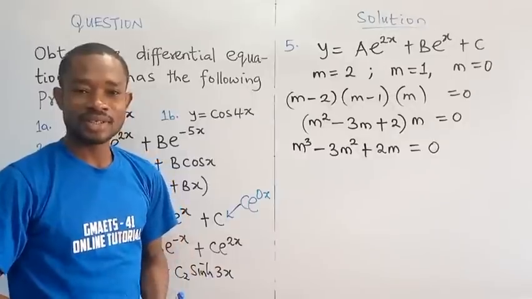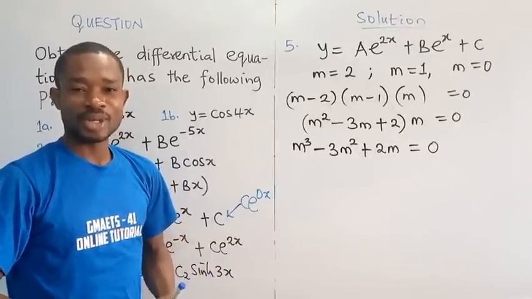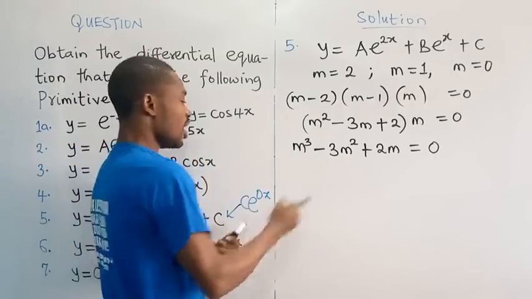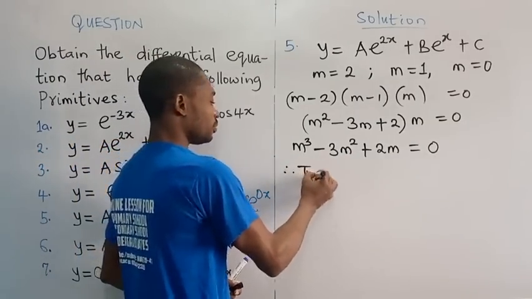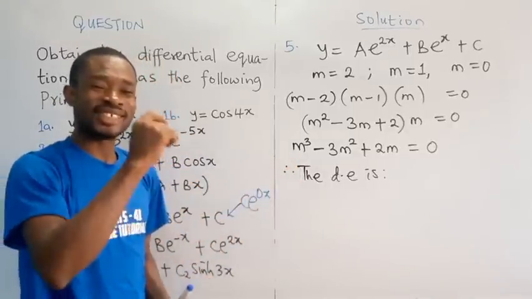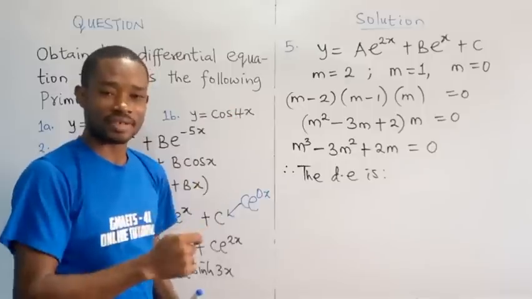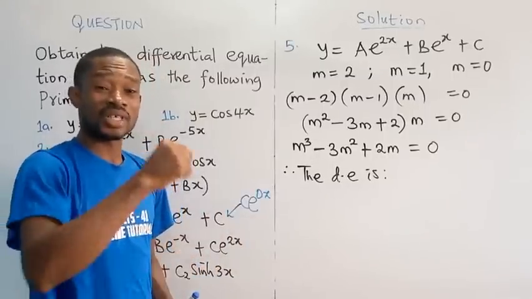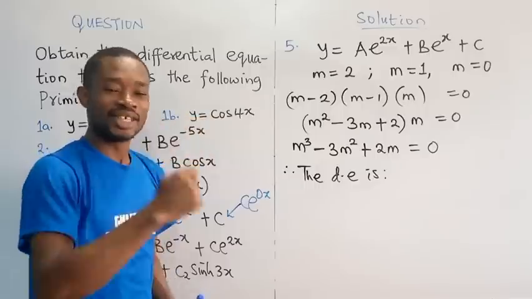Because we are done, just copy and paste the differential equation that has this primitive, because we have obtained it from here. Therefore, the differential equation is going to be, now we have m cubed here, that will represent d cubed y d x cubed. Are you following? Then you move on, minus 3m squared, which is going to represent 3 times d squared y d x squared.